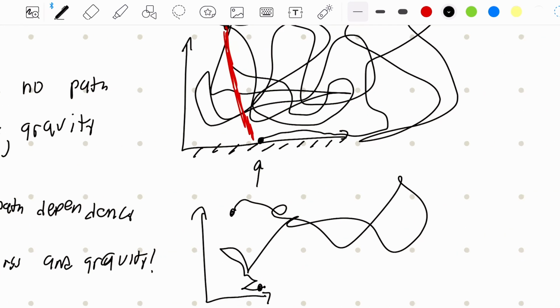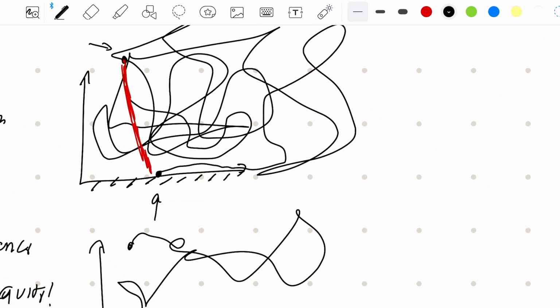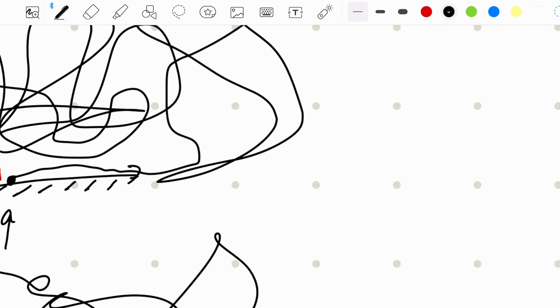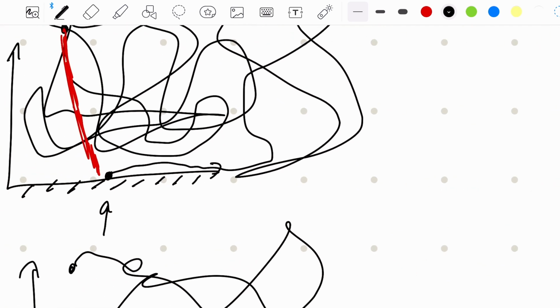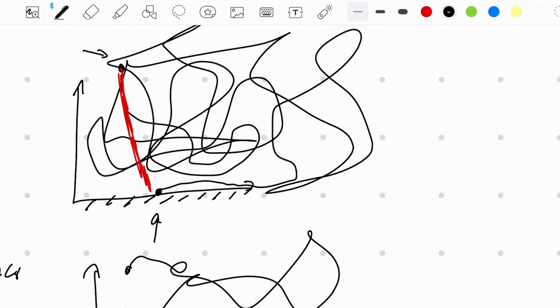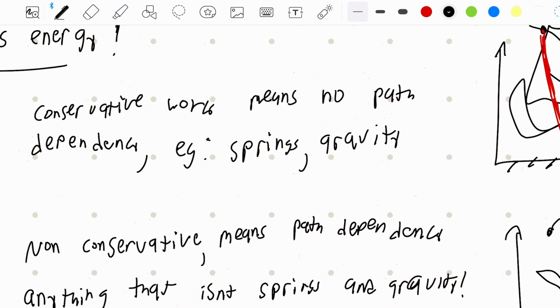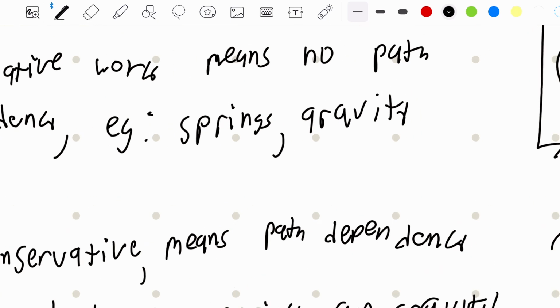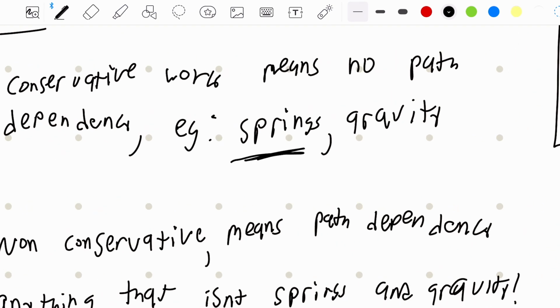Now, if you're wondering about the derivations behind conservative and non-conservative vector fields, this comes from Calculus 3. There's a way to prove if the vector field is conservative or not using gradients and partial derivatives. But we're not going to do that because this is Physics 1 and it's not necessary. All you have to know is that conservative work and conservative forces are springs and gravity.